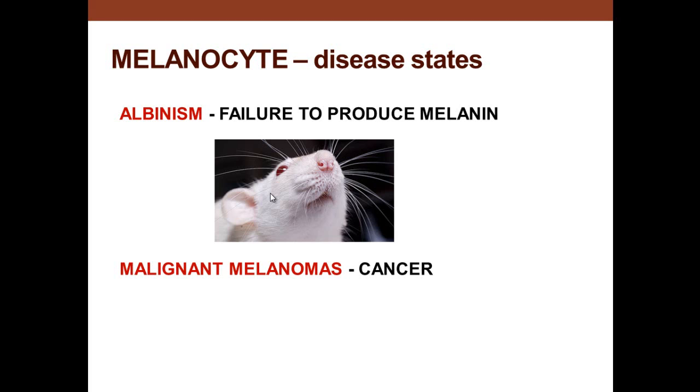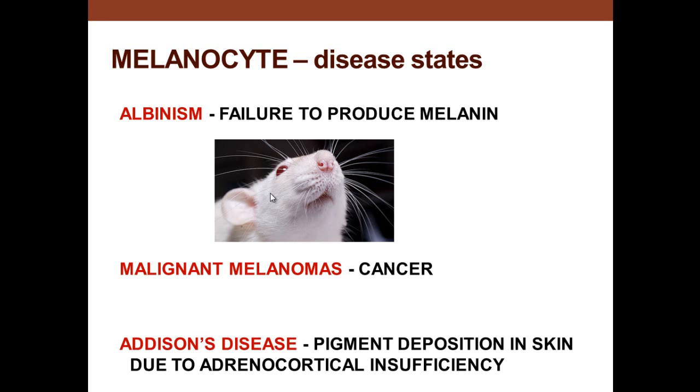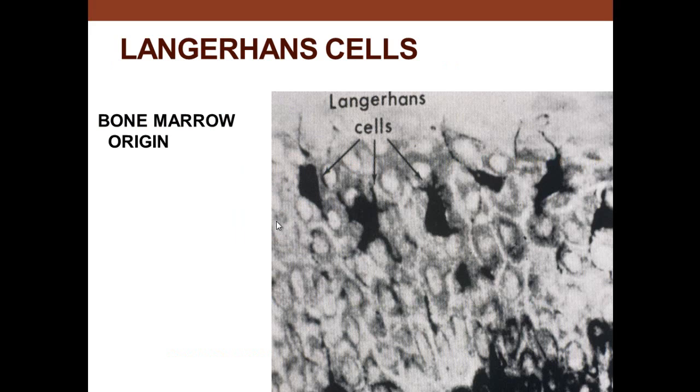Also, cancer, malignant melanomas, are not a good thing to have. And in Addison disease, the pigmentation is patchy, kind of like freckles in the skin, due to adrenocortical insufficiency. And we'll talk about clinical correlations later on about other ones.